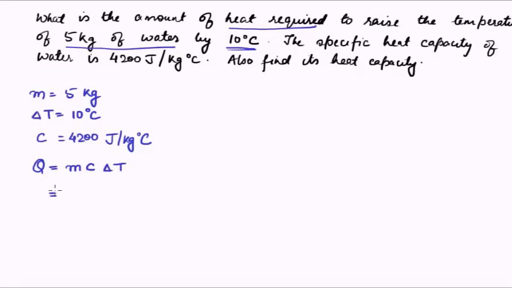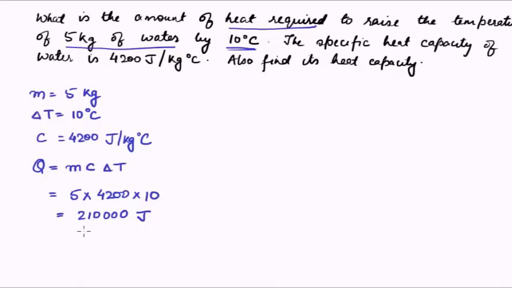So we need to just replace the values. Mass is 5, specific heat capacity for water is 4200, and the rise in temperature is 10 degrees Celsius. When we calculate this, it gives us 210,000 joule.